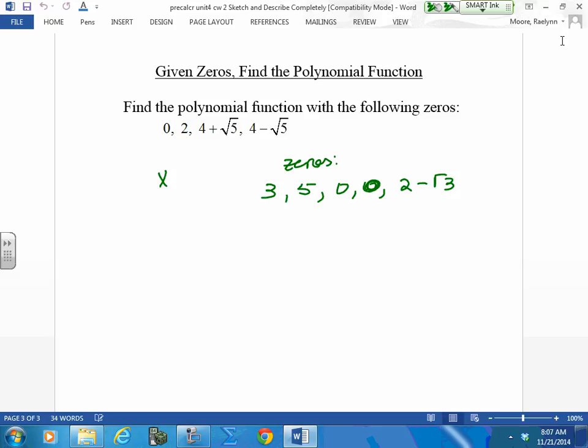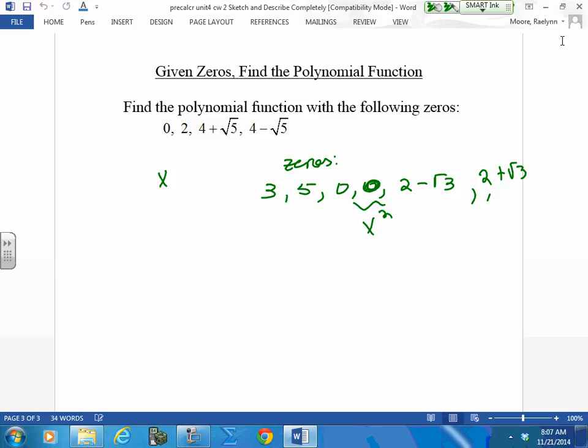Because this guy came from your quadratic equation, so it needs its conjugate, 2 plus radical 3. So there's your 6th root. This is a double. A double root will give me what? x squared, right? And this you'll have to do, you can't have one of those without the other conjugate.